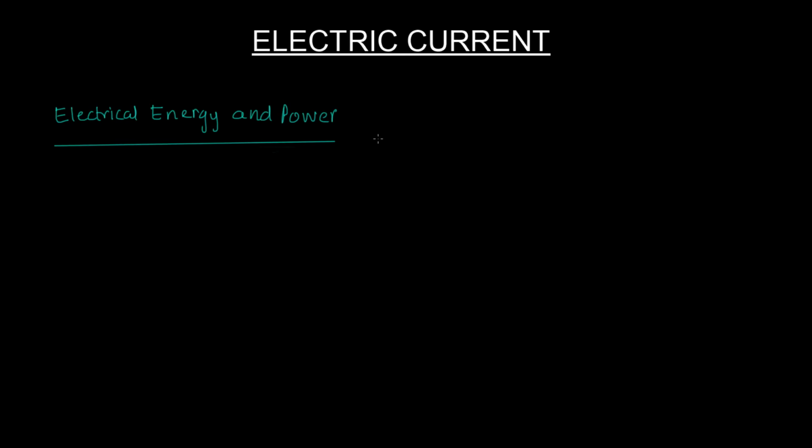Let us say I have a conductor like this, with end A here and end B here. Obviously, let's say the cross section is a circular cross section, and it is something like this.